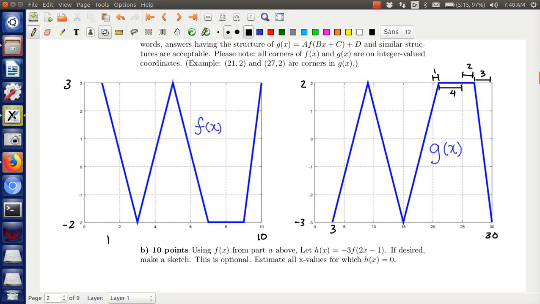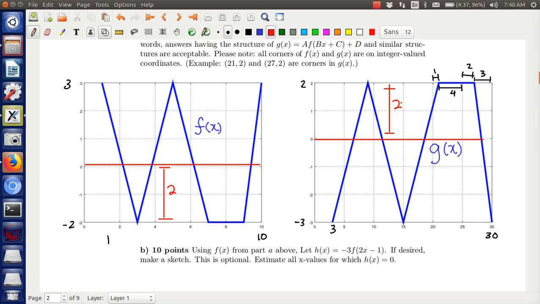Oh, and the other thing you have to be aware of is you have to know whether this thing flipped or not. So if you look at what happened, you say, oh, wait a second, this flipped just based on the fact that this peak ended up over here. And then you say, oh, hold on a second, this distance from here to here is 2, and this distance is also 2.